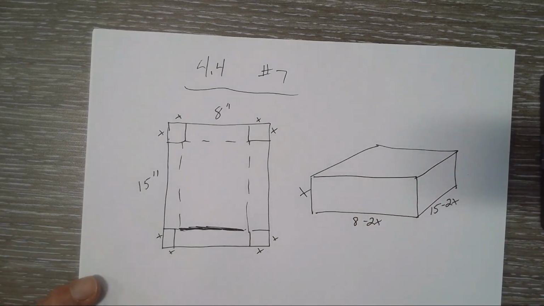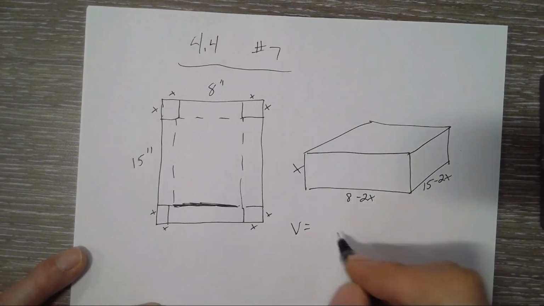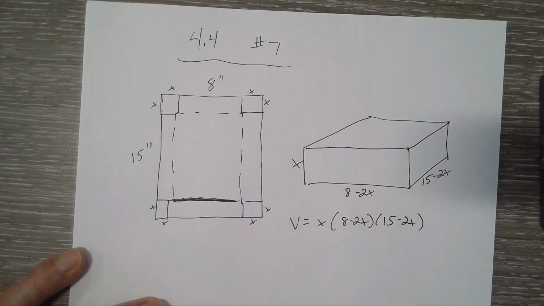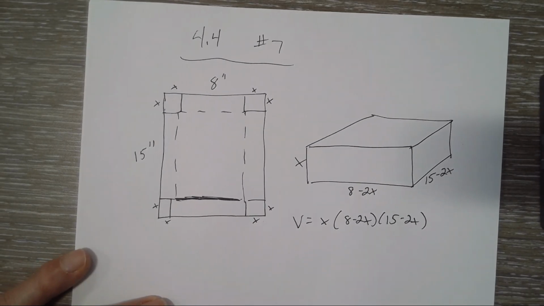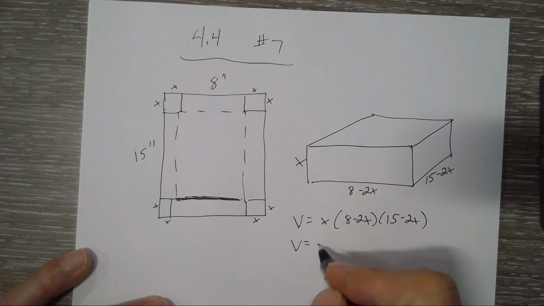All right, so there are the dimensions of our box, and we're trying to find the volume, trying to maximize the volume, so it's length times width times height. So that's our equation. So we just have to find the derivative, set it equal to 0, and solve. Then we could just distribute. I'm going to distribute the X to the first one.